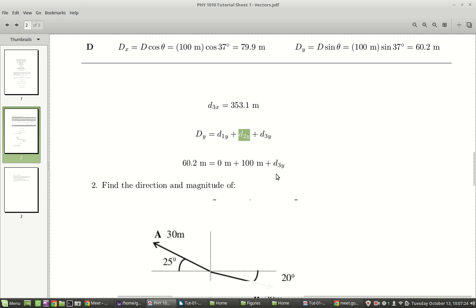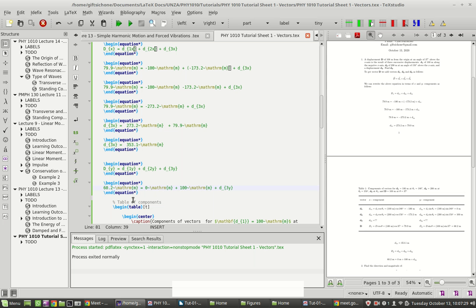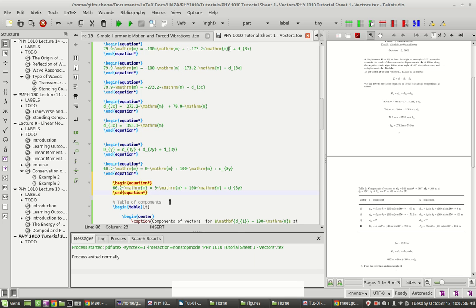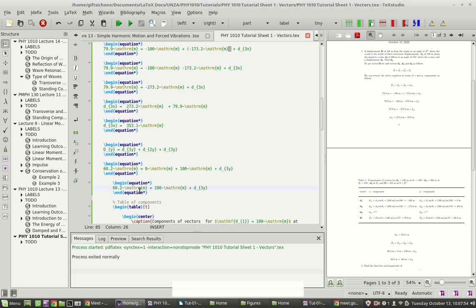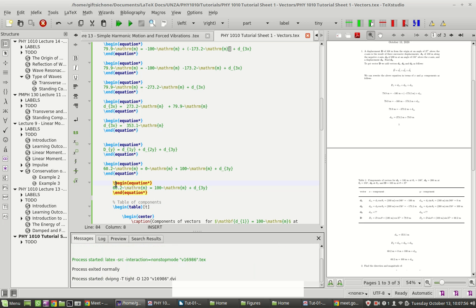So 0 plus 100 meters is how much? 100. Then we take this 100 to the other side so that we can work out d3y. So it's going to become minus.